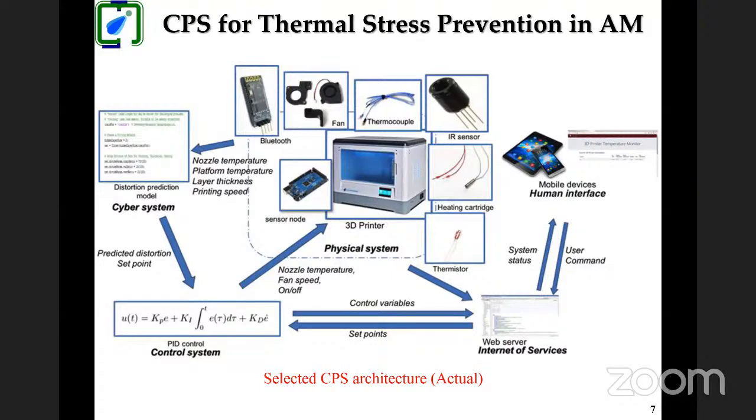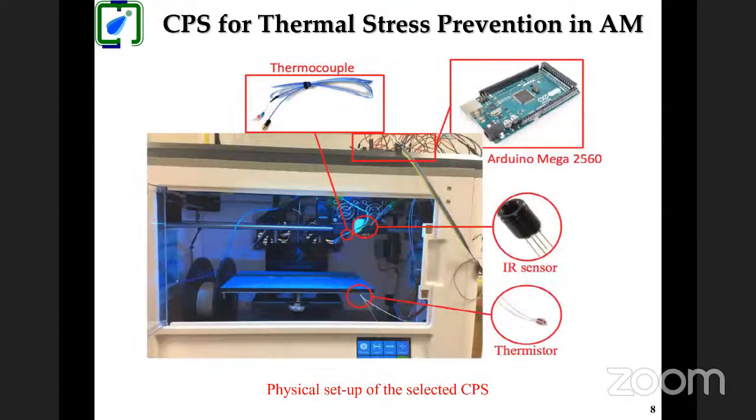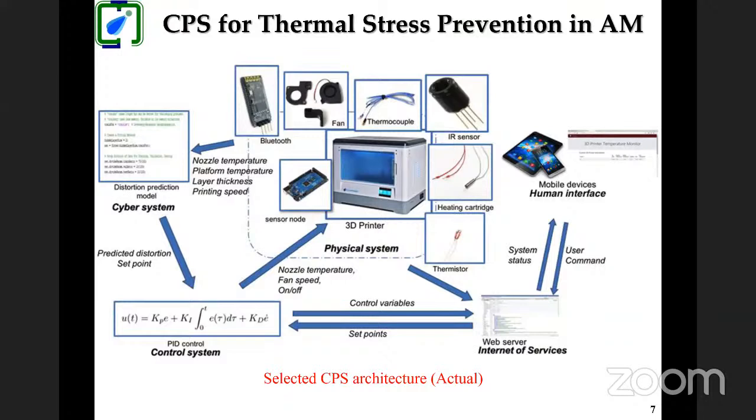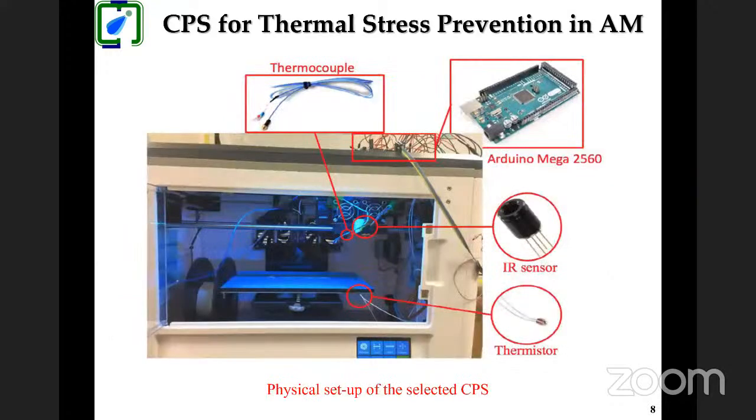Yes, sir. So this is your actual physical setup. So this was, I said, the actual system, but more like a sketch point of view. And this is your actual system. So this is your 3D printer, and inside this 3D printer, you can see a thermocouple is attached. An infrared sensor is attached.